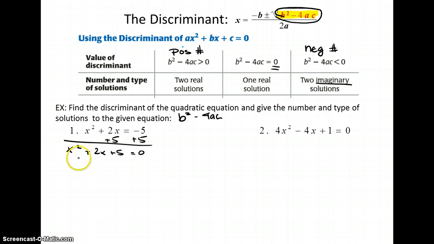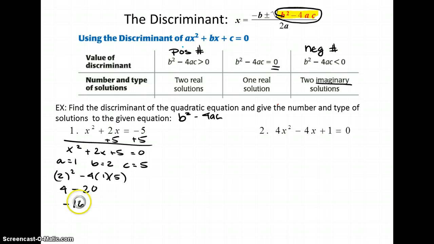From here, I know that a is 1, b is 2, and c is 5. b squared minus 4ac, that's all I need. So that's going to be 2 squared minus 4, a is 1, c is 5. 2 squared is 4, minus 4 times 1 times 5 is 20. So I get negative 16.